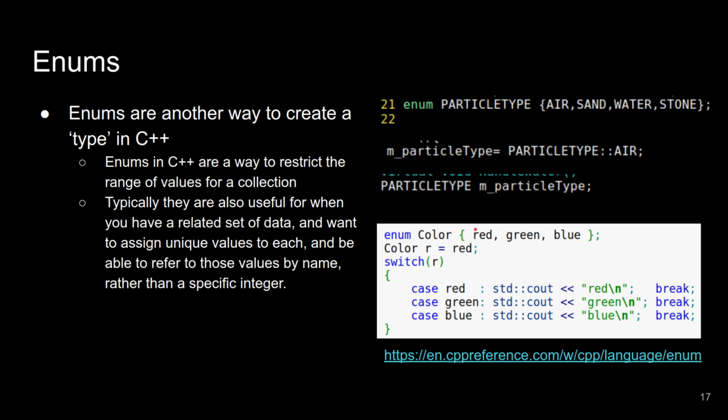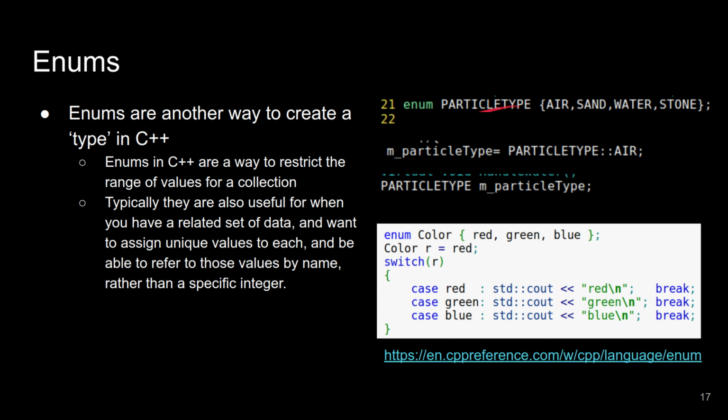Now these will automatically be assigned values 0, 1, and 2, but you can just refer to them by the actual name here. Okay, so that's really useful for us in the sense that it gives meaning to our variables.